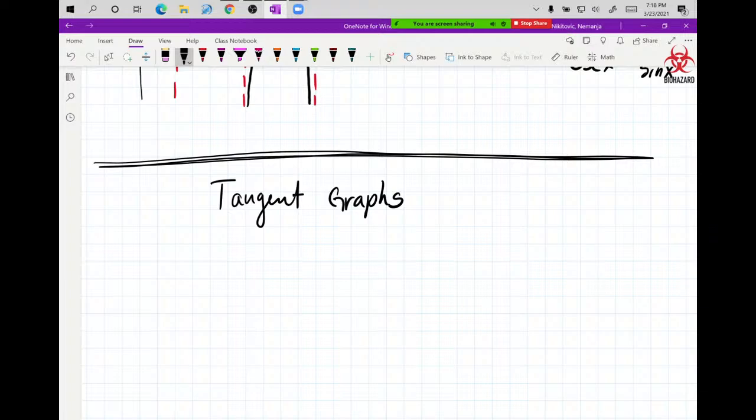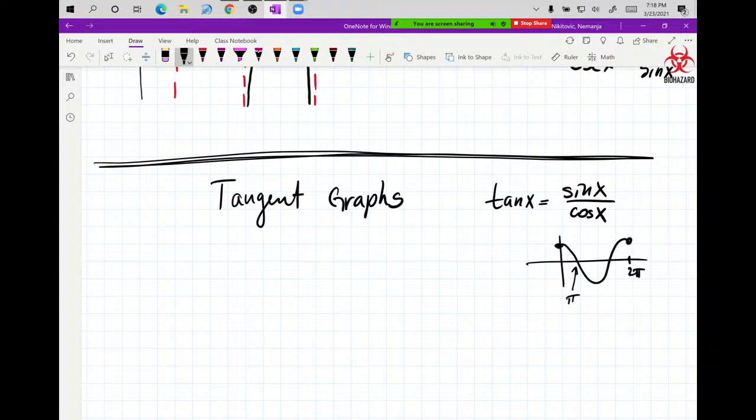So anytime the cosine crosses the x-axis, tangent must have a vertical asymptote. So tangent x is sine x over cosine x. When you look at the cosine graph, which ends at 2 pi, you quickly see that at pi over 2, 3 pi over 2, on this side, negative pi over 2, you see that it has zeros.